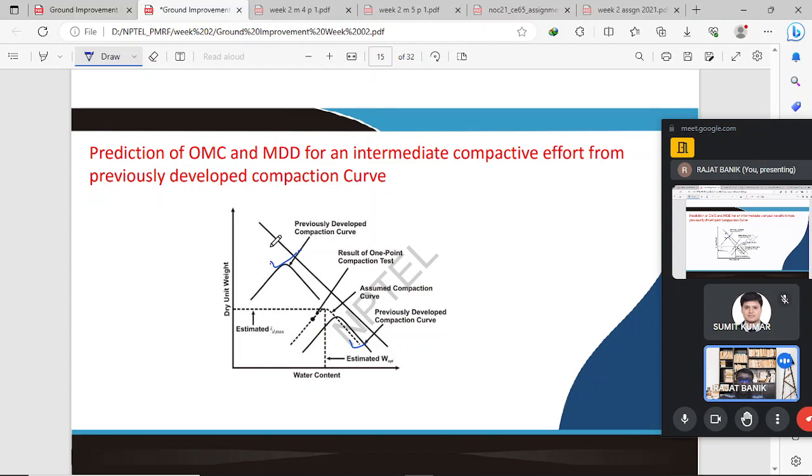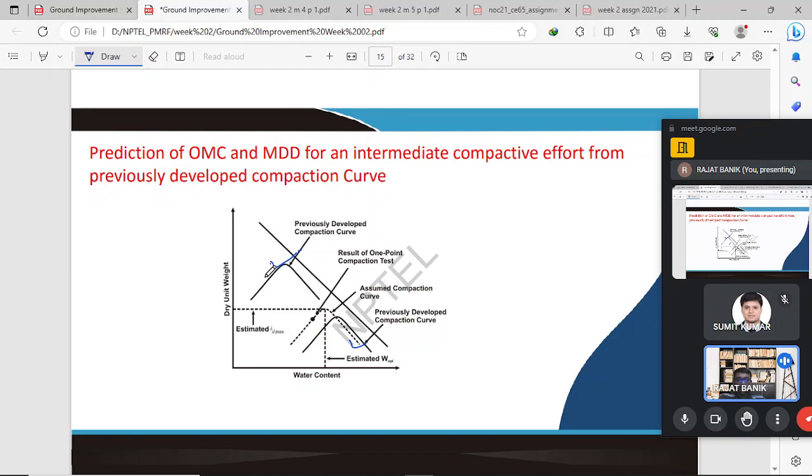We can see that these graphs maintain parallelism. That means the lower side of the high energy compaction graph is parallel to the lower side of the low energy compaction graph, and the higher side of the high energy compaction graph is also parallel to the higher side of the low energy compaction curve.